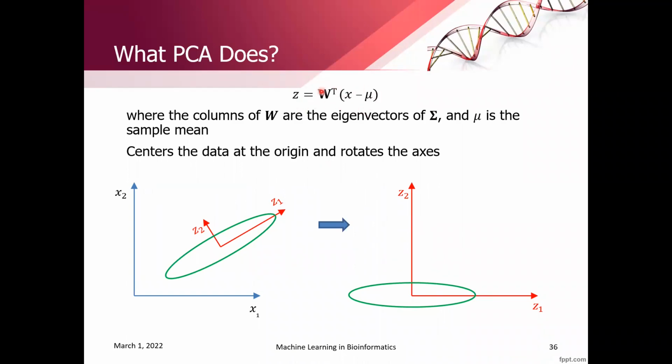So the transformation is that we have the matrix W transpose times x minus mu. So from the original data, we subtract the mean. So actually, we will move this center to the origin of coordinates, and then we will rotate the data in order to obtain this transformation.